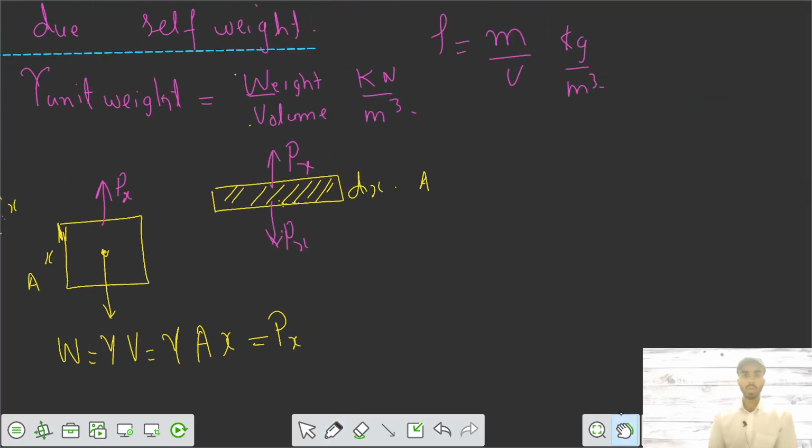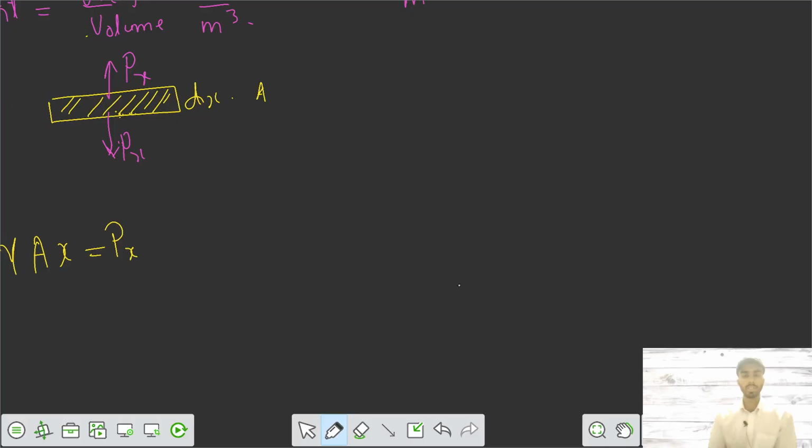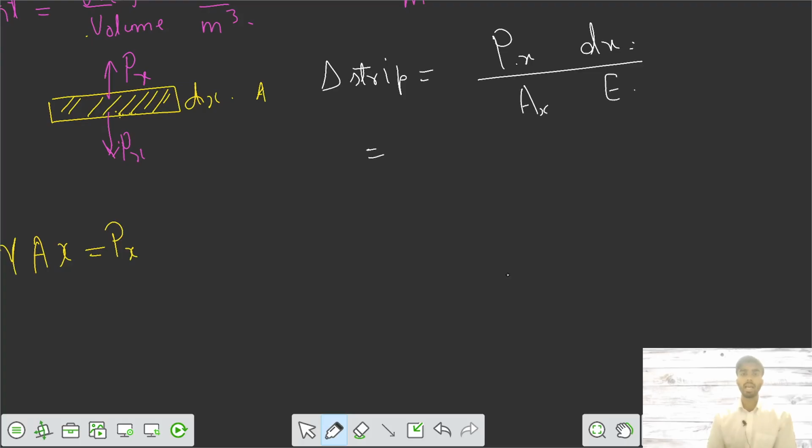Now you need to calculate the total deformation in the strip. Delta strip is your P(x) dx upon A(x) E. Since area is not varying, take it as A. Then what is the value of P(x)?